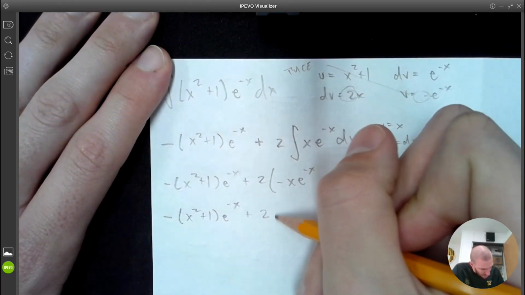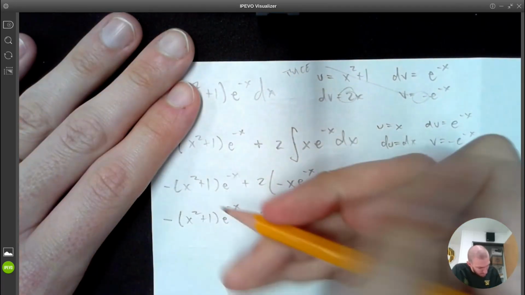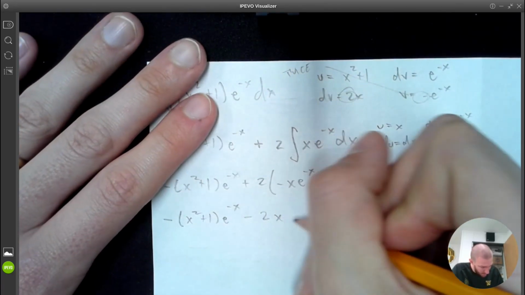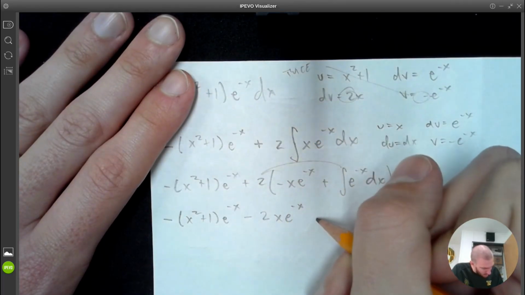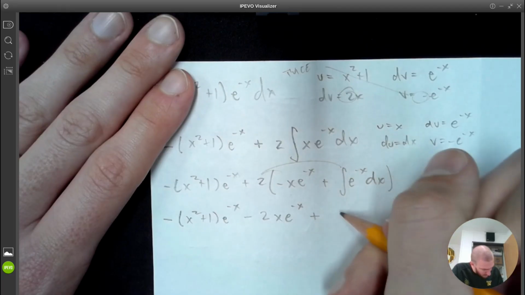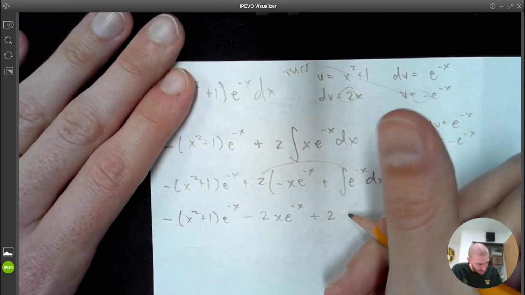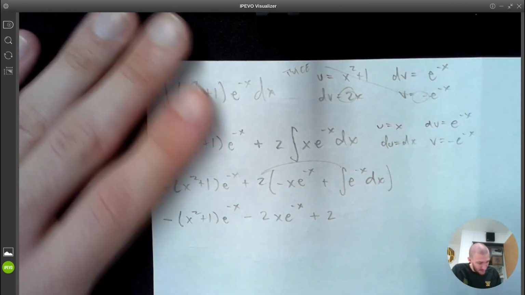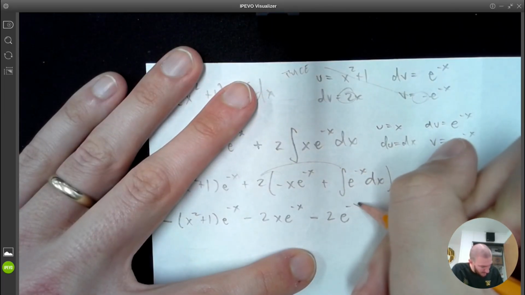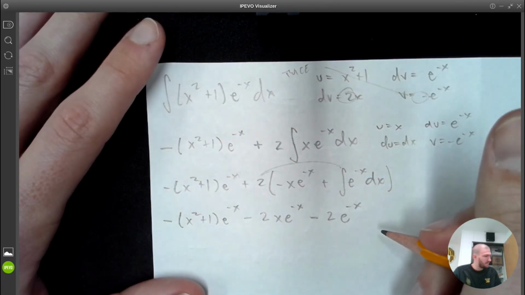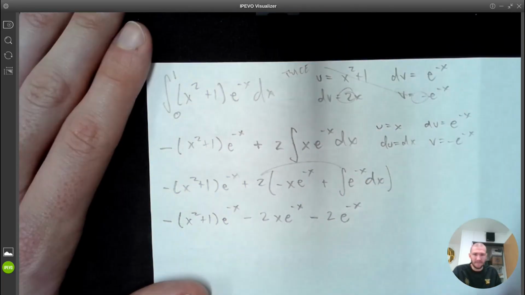Let's see here. So multiply this. Try to jump back into the middle of an integration by parts question. Not the easiest thing ever. Distribute that and distribute that. Plus 2. The integral of this is going to be, we've done it a couple times, negative e to the negative x. Now this is a plus c angle, but this is our first question where we have definite integrals.